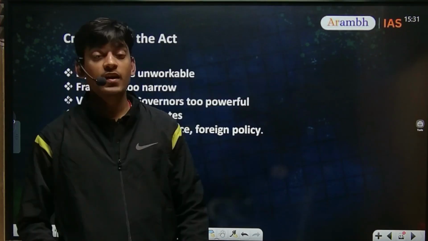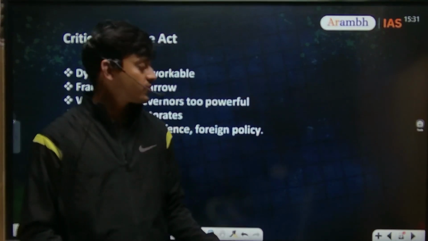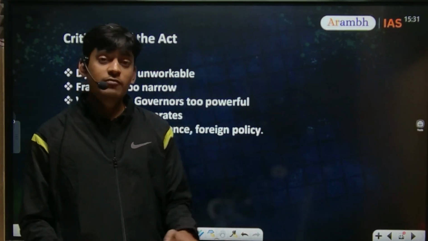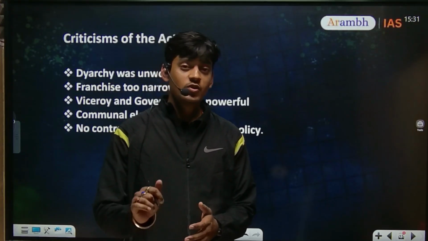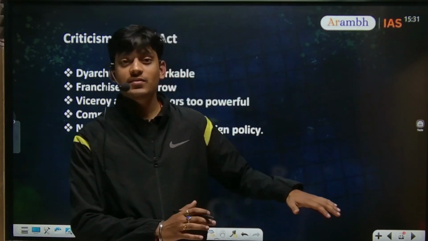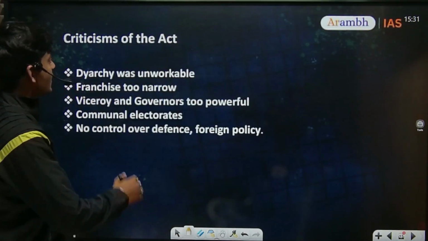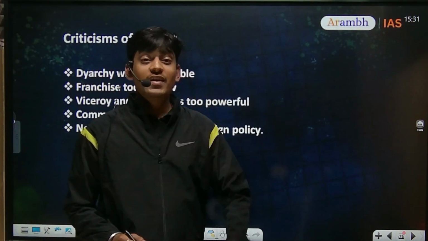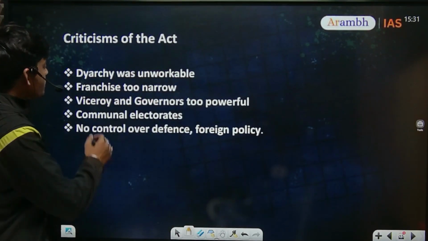Criticism of this act. Now we will come to the criticism of this act. Okay, and this is the most important topic for prelims. Every prelims and maybe every mains, UPSC regularly asks this type of question every year. So focus on criticism of this act. Dyarchy was unworkable.